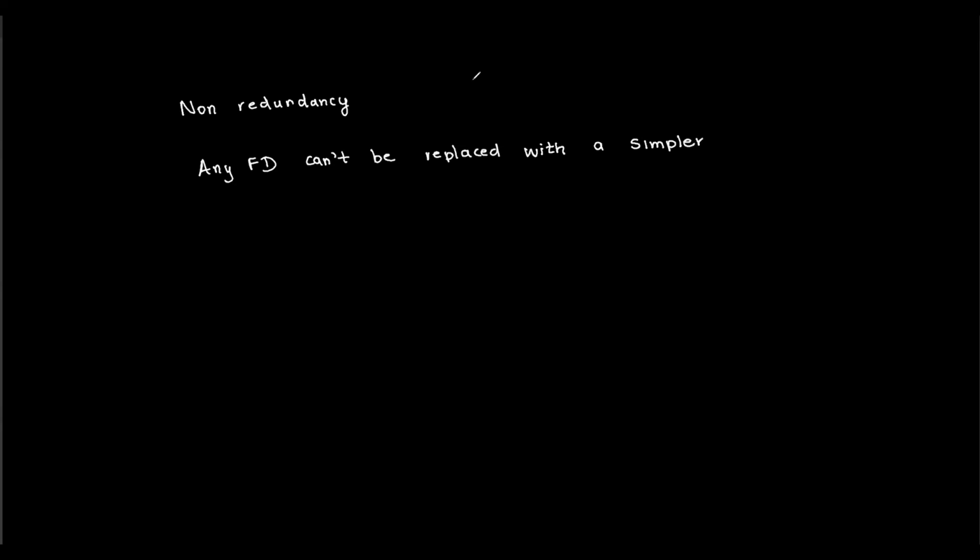So in a specific set of FDs, let's say F is equal to A functionally determines B and B functionally determines C, et cetera, any FD, whether it is this or this, can't be replaced with a simpler FD, which is a proper subset of the original FD.